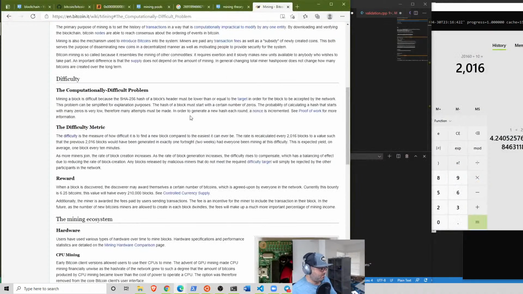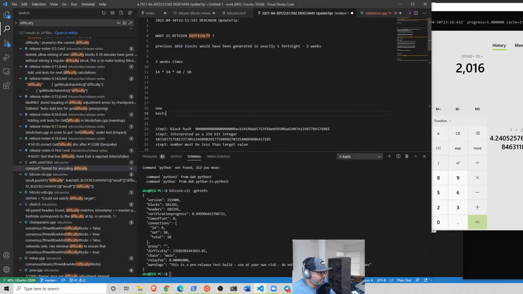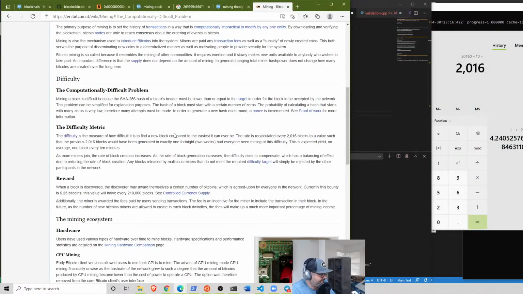Again, difficulty is just a measure of how difficult it is compared to 1. Any blocks released by malicious miners did not meet the required difficulty target.